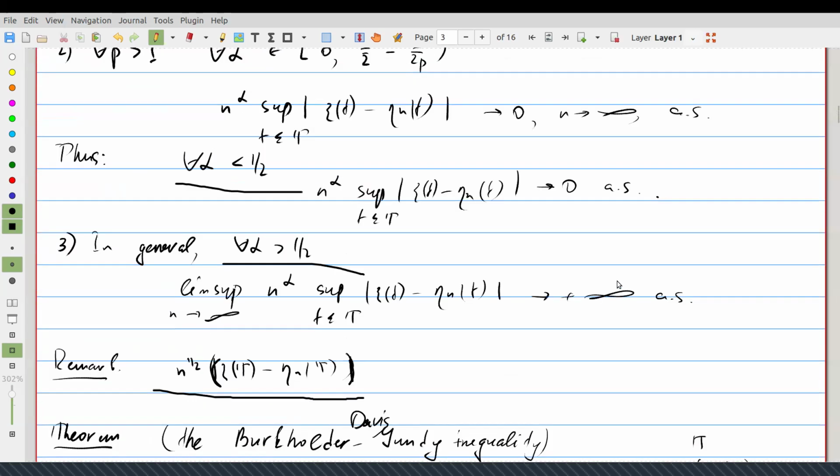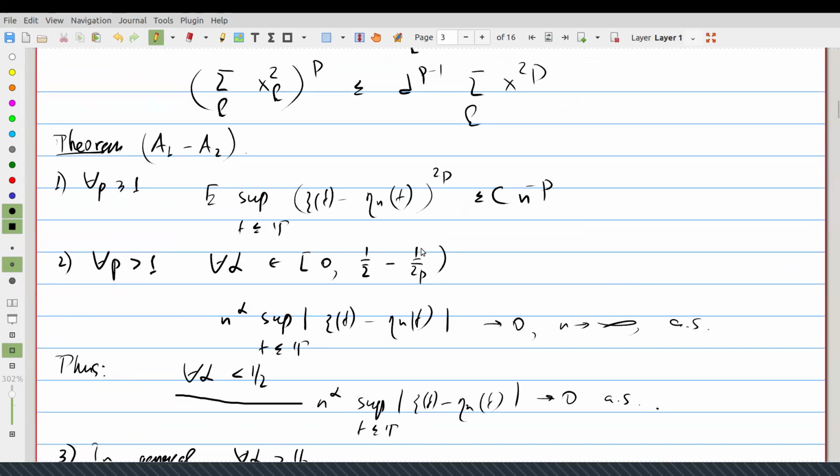Now, why? Obviously, if we look at this, it makes no real sense in the physical world because we are not going to have a whole trajectory. So what a real-world person would be interested in is just the supremum of psi of t n k minus eta n k to the power p. But it also tells us a lot about how we can recover the whole trajectory and more involved behavior of the SDE.